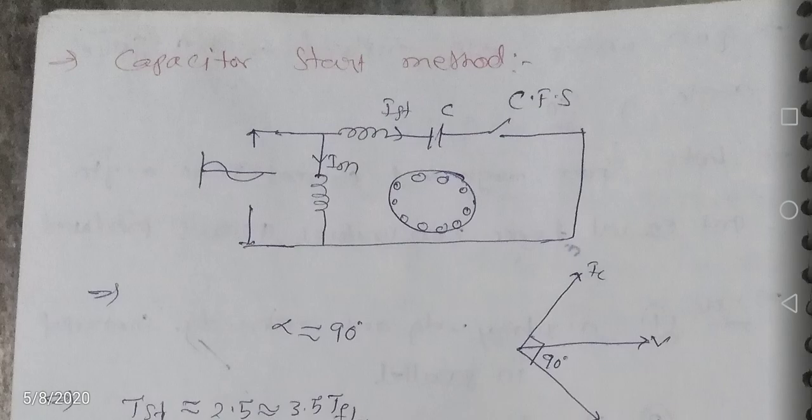In the capacitor start method, alpha is 90 degrees. So the capacitor start method gives more starting torque than the resistance start method, because in the resistance start method alpha is only 30 degrees.